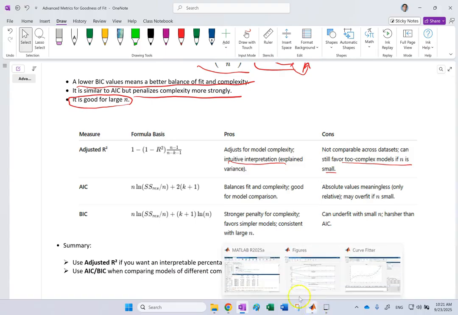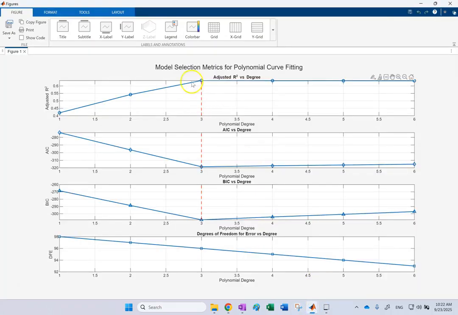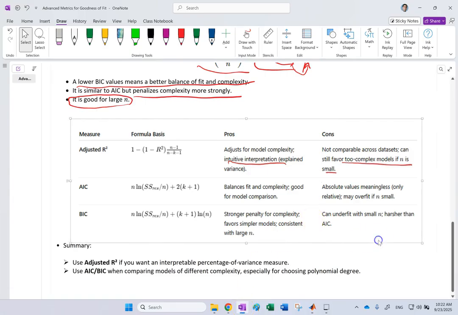You can see that here: when the order is increasing from 3 to 4, 5, 6, it's not a big decrease. Up to the peak point you can clearly see the increase, but after that it barely decreases, and n is still not huge for this. 100 points is still not a lot, but maybe if I make it 1,000 points, it can show a better peak compared to this.